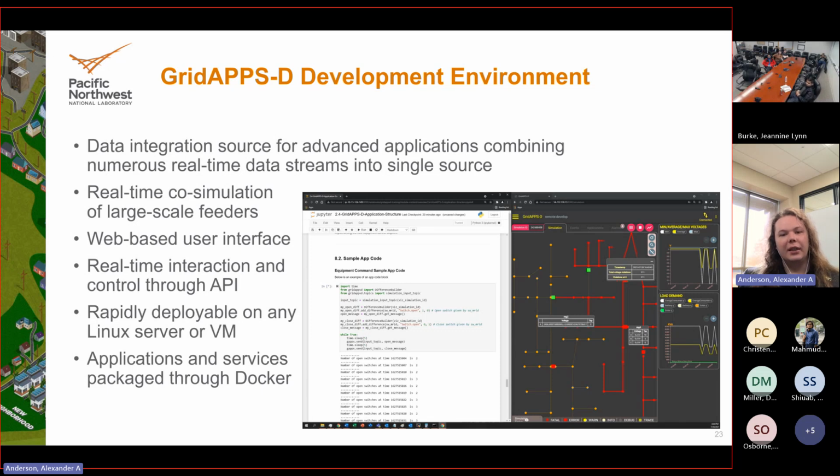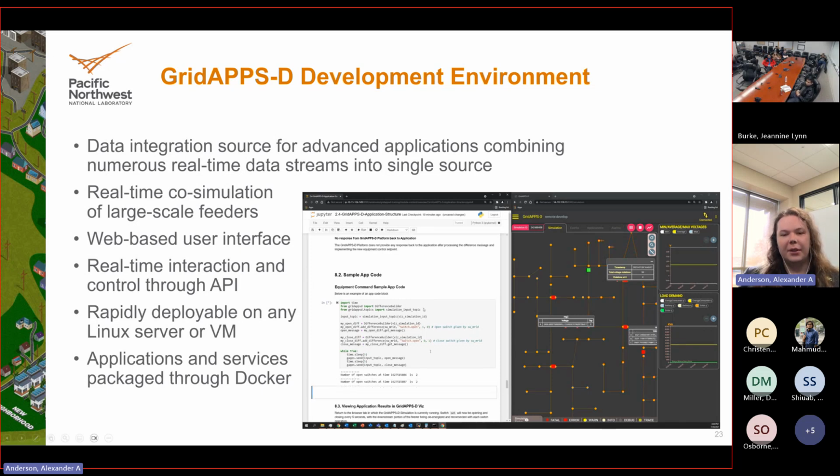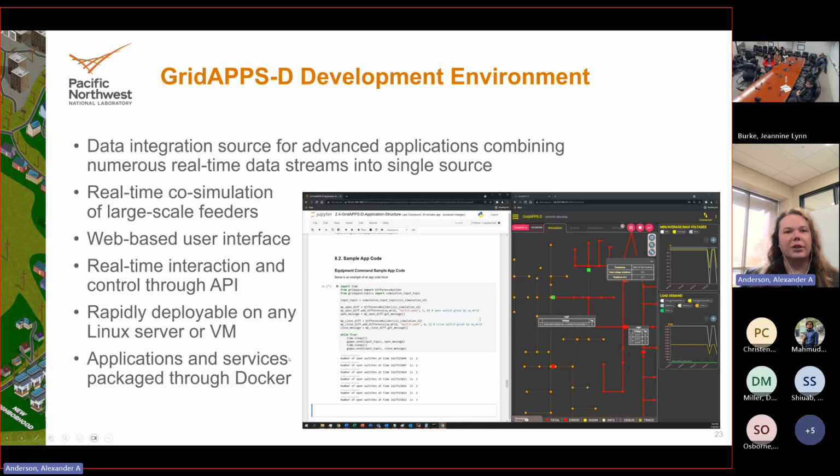And you can see here is a very simple application. It's just opening and closing a switch on the feeder, and you can see each time that Python block runs, it's showing up in the visualization and also the time series strip charts included by GridAPPS-D.